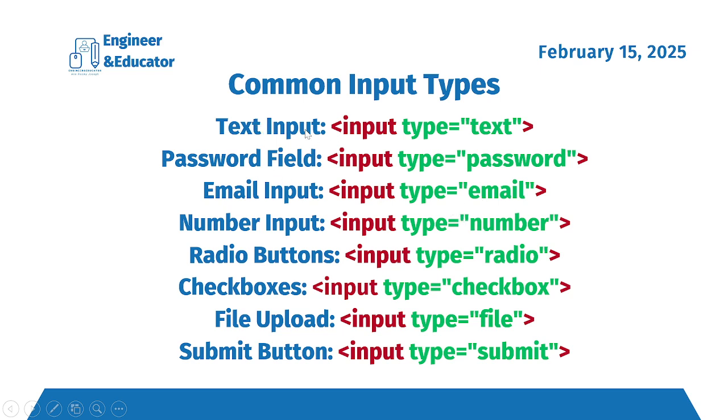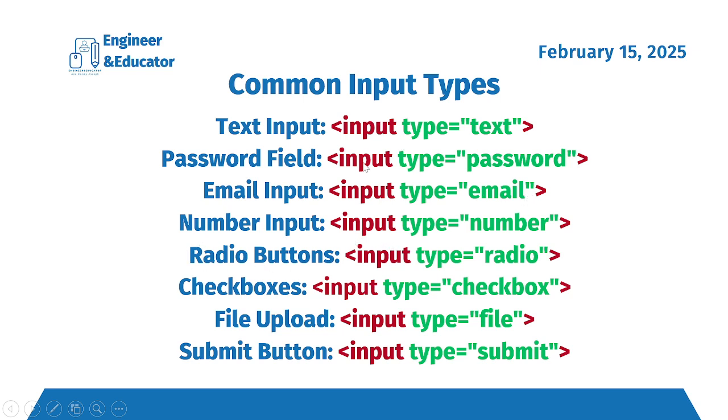Here you can see, in order to get a text input from the user, you have to write the input tag, type is equal to text, and close the tag. It doesn't have a closing tag, it has a self-closing tag. Then for a password field, you give input type is equal to password. Email, input type is equal to email.